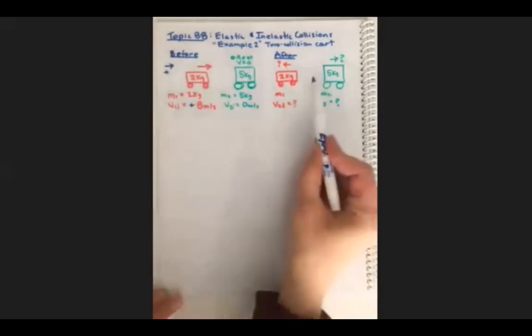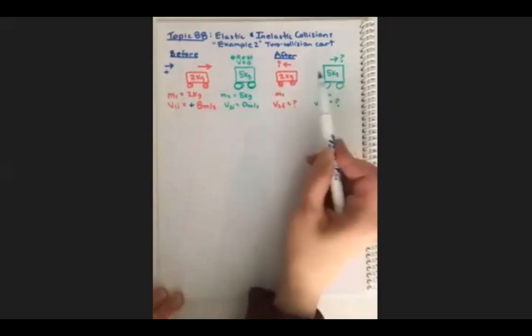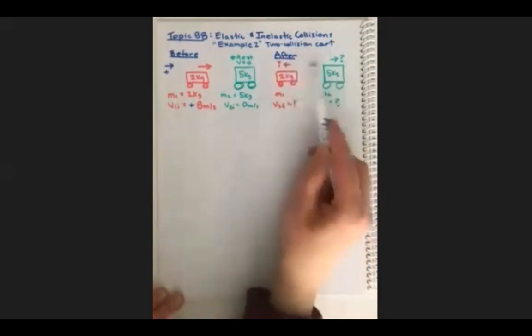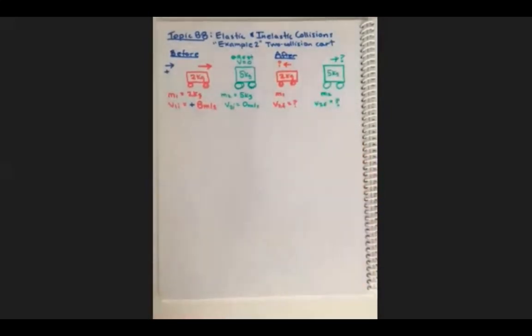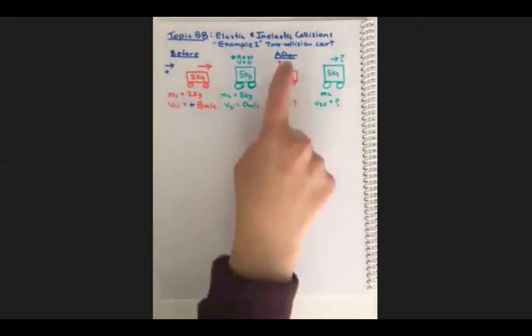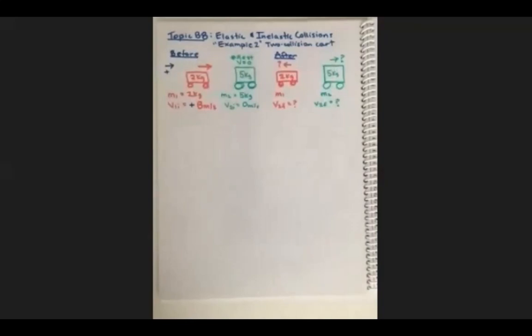One possible scenario is that the red cart moves left after, and the green cart moves to the right. We're going to be able to solve for the velocities of each of these objects using what we've learned in this lesson, which will give us the speed and the direction after. We're not set on the direction that we decide in our after diagram, but we put it in because we don't want to forget to think about direction.